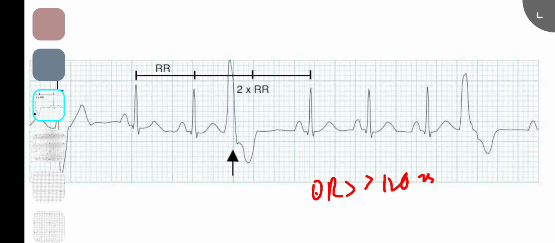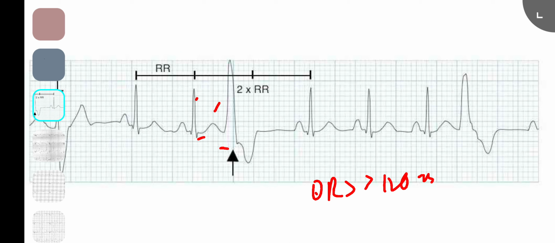The second thing we discussed is that it is premature; it occurs earlier than expected. The third thing is there's a discordant ST segment and T wave. You can see over here, the QRS is upright, the ST is at normal, not depressed, and the T wave is upright.